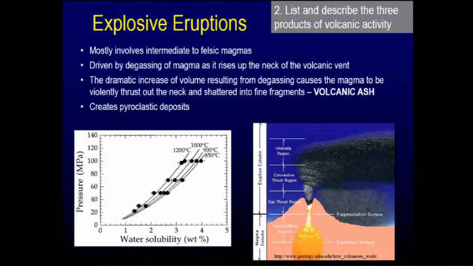That's going to have more gases in it to start with than a mafic magma, but also those gases are trapped as that magma is moving up the neck of a volcanic vent. So you get to the point where the pressure on the gas is greater than the surrounding pressure of the volcanic vent, and the thing just explodes.